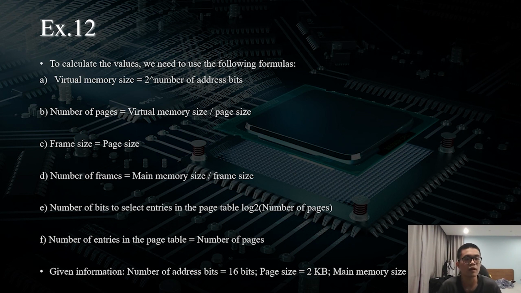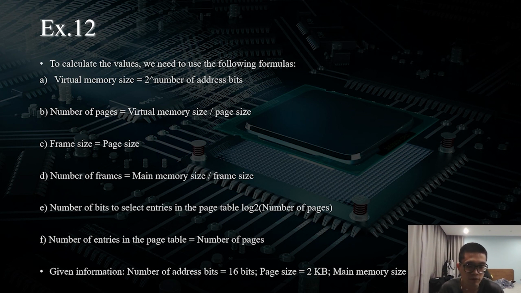C question is frame size equals page size. D question, number of frames equals main memory size divided by frame size. E question, number of bits to select an entry in the page table equals log 2 of number of pages. F question, number of entries in the page table equals number of pages.